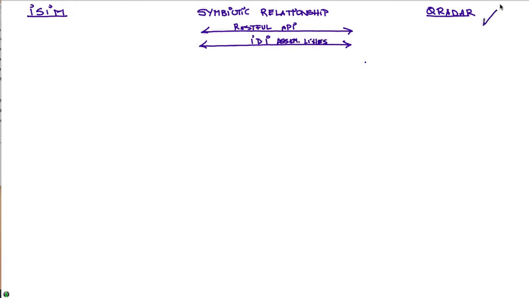By virtue of the flows, QFlows in particular, QRadar is very good at detecting user ID information flowing. I know that this particular user logged into this particular app, and by looking at the QFlows, we extract that user information. But we do not know who that user ID belongs to.